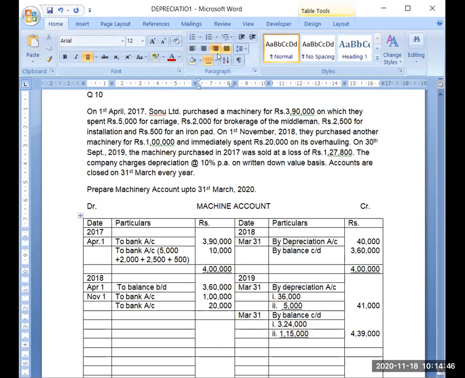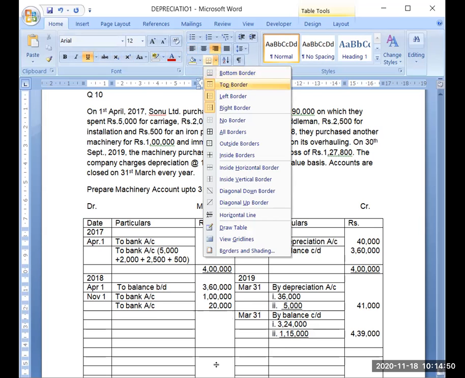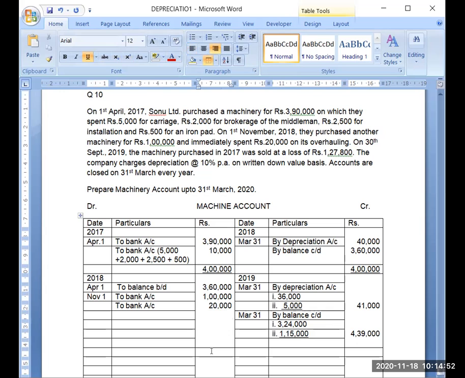First I should remove this. So this side total will be 4,80,000. And 439 plus 1 is 440 plus 4, it will also be 4,80,000.